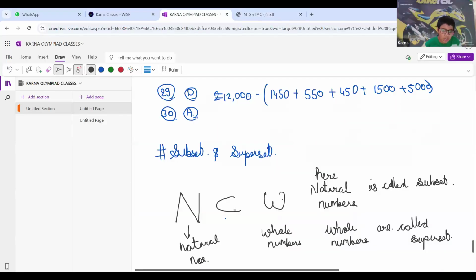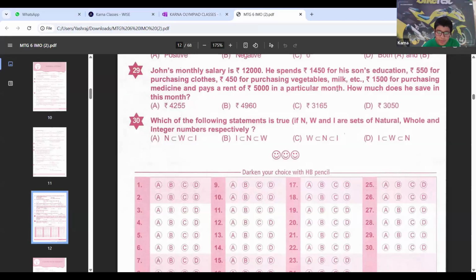Is this called a bracket? No, ma'am, not here. In the question, there's a bracket opening, but where is the closing? Okay, did you understand the question? No, ma'am, if you tell where the bracket is, then I'll understand the question. Here. Okay.